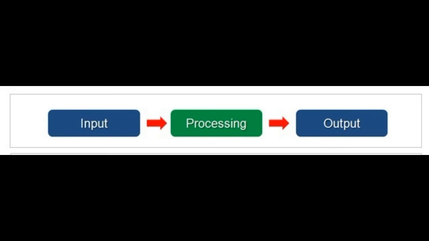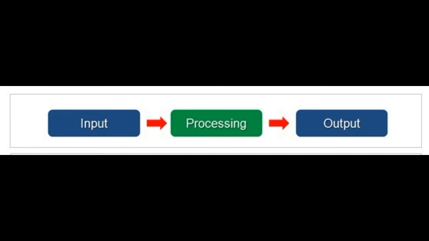Number two, it processes the data as per instructions. Number three, it provides the result, that is output, in a desired form. Mainly a computer can perform these three things: number one, input; number two, process; number three, output.